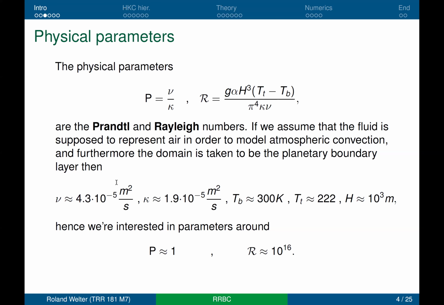If we take the physical parameters to be some representative numbers from the atmosphere, like so, then we'll see that we are interested in a Prandtl number around 1 and a Rayleigh number around 10^16.